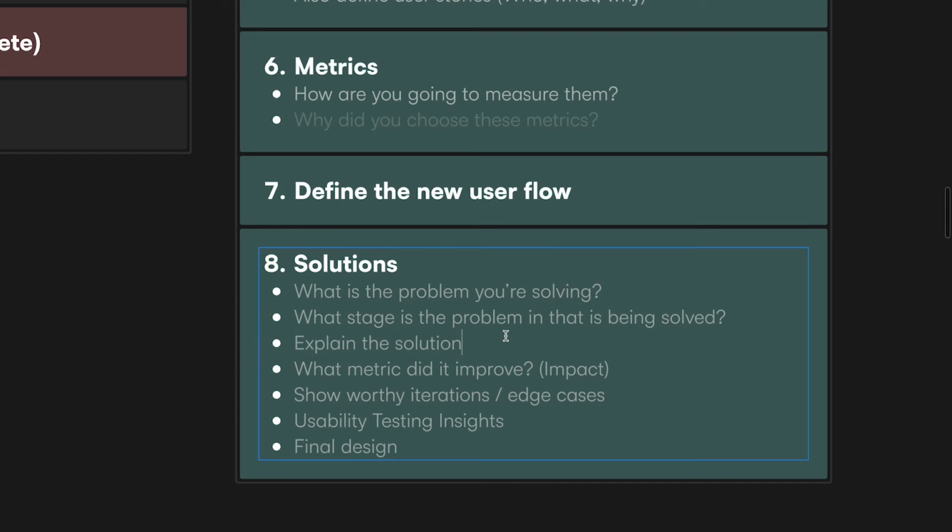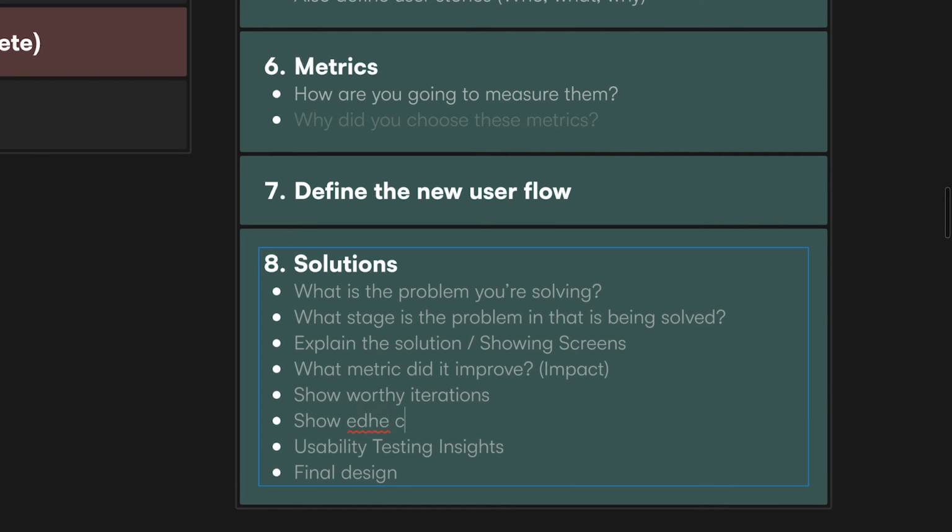And this probably involves showing screens as well, right? And then you also show some worthy iterations that you probably rejected, that you didn't like, okay? And then of course, edge cases. Now maybe I'm going to put this as a separate one. So there's going to be show edge cases, okay? User testing insights, if any.